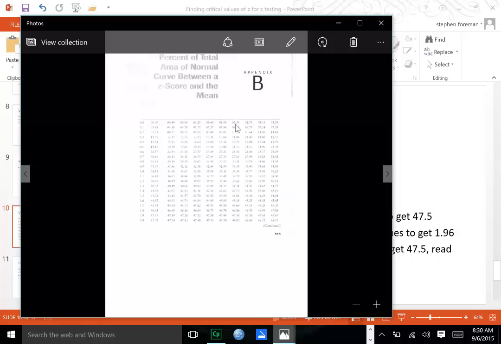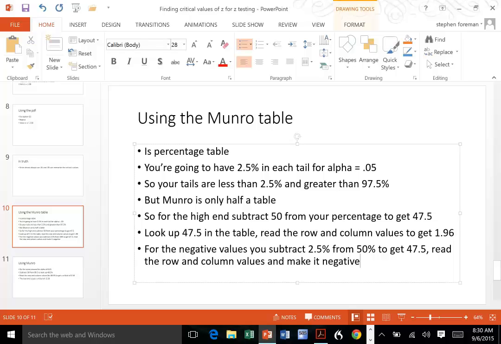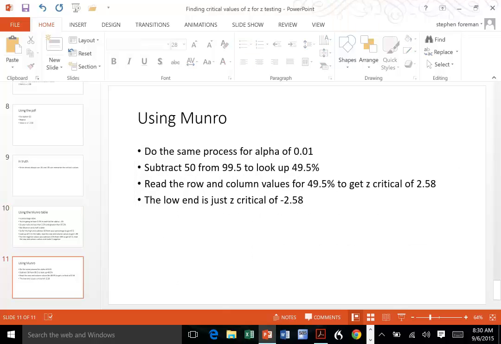So it's the same result that we found when we used the PDF. And for the low end, we subtract 2.5% from 50% to get 47.5 again, and we read the row and column values and make them negative. Or you can just take your 1.96, since you now know that the negative end will be the same thing with a negative sign, and come to that conclusion.